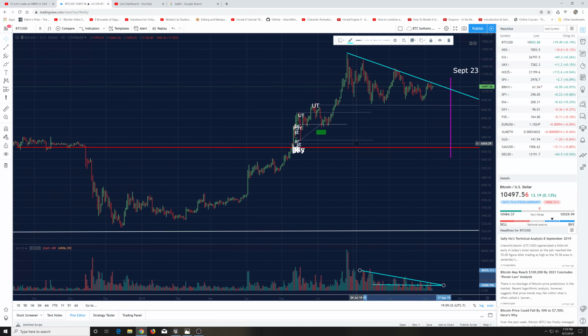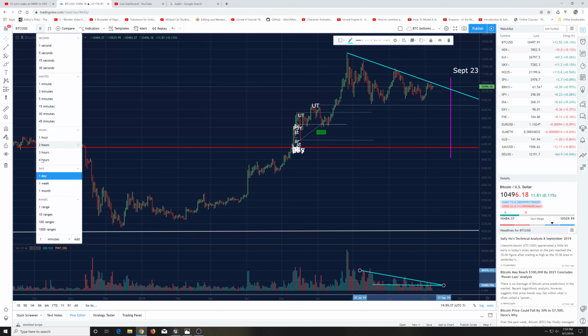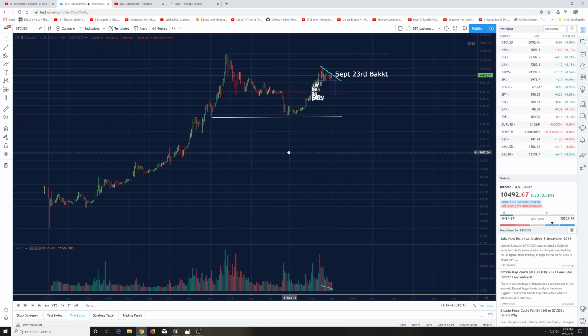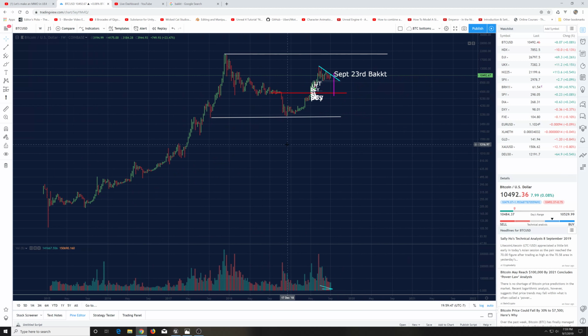And just taking a look at the chart, if we really scroll out, let's go take a look at the week here. Okay, looking at this chart, if you knew nothing else, what would you say is more probable?